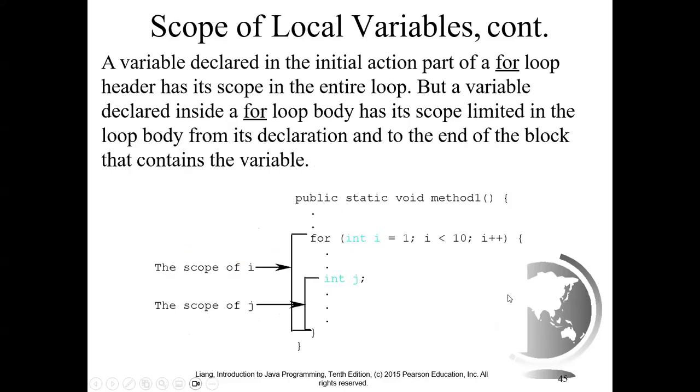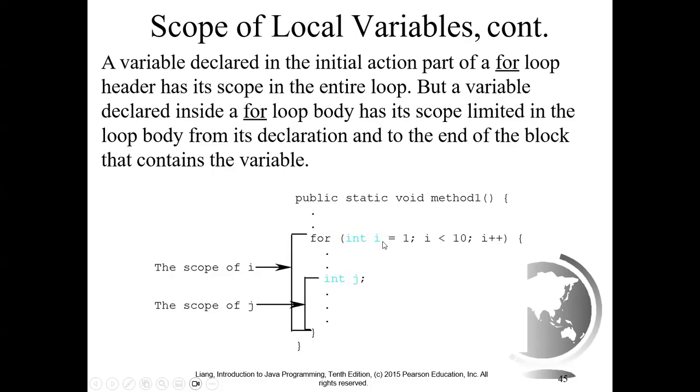A variable declared in the initial action part of a for loop header has its scope in the entire loop. But a variable declared inside a for loop body has its scope limited to the loop body, from its declaration to the end of the block that contains the variable. Let's look at the figure.